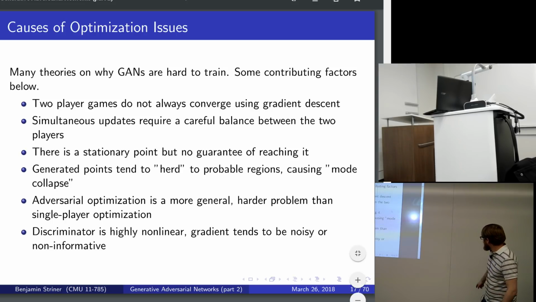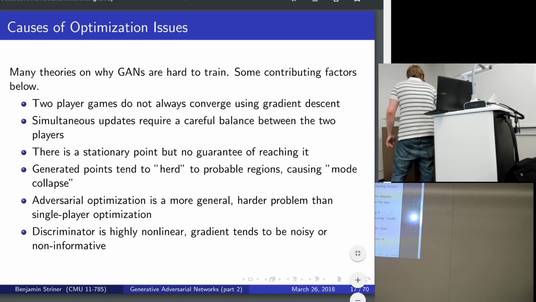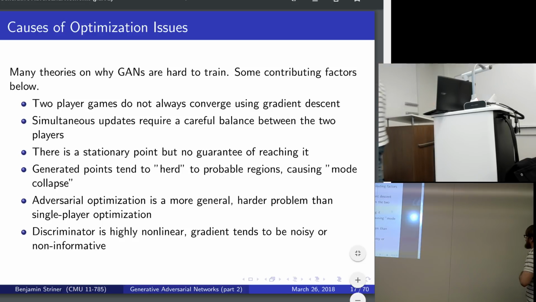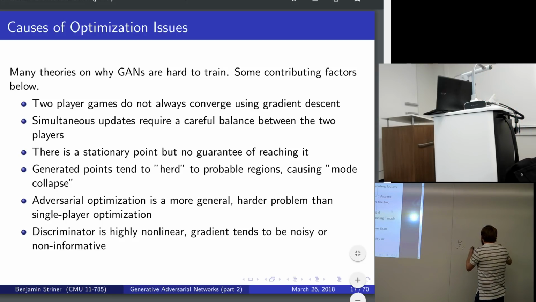So you're here. I would almost want to draw that on the board, because we'll be coming back to this. Let's say your current generated data is here, and that's the actual x, the true x. And this is your generated function of z.